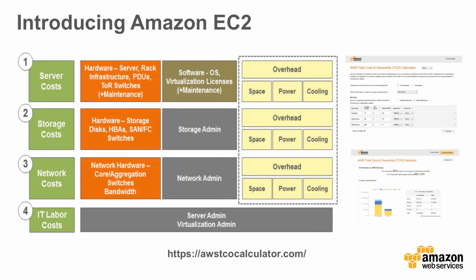The AWS TCO Calculator provides a good cost comparison between the AWS Cloud and traditional deployments, even before you commit to any deployment options. It is available right now at the URL on the slide, it doesn't cost you any money to use, and you do not need to have an AWS account to use it. It is available to everybody today. So I would, again, recommend that you check it out.